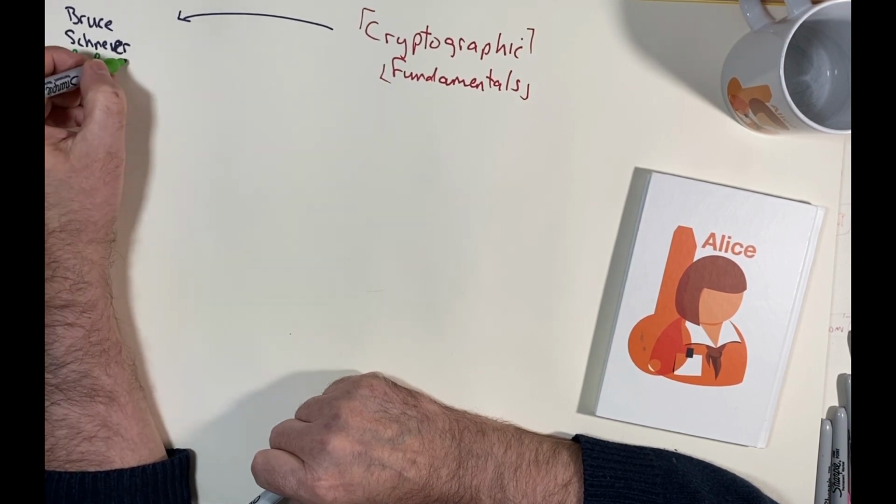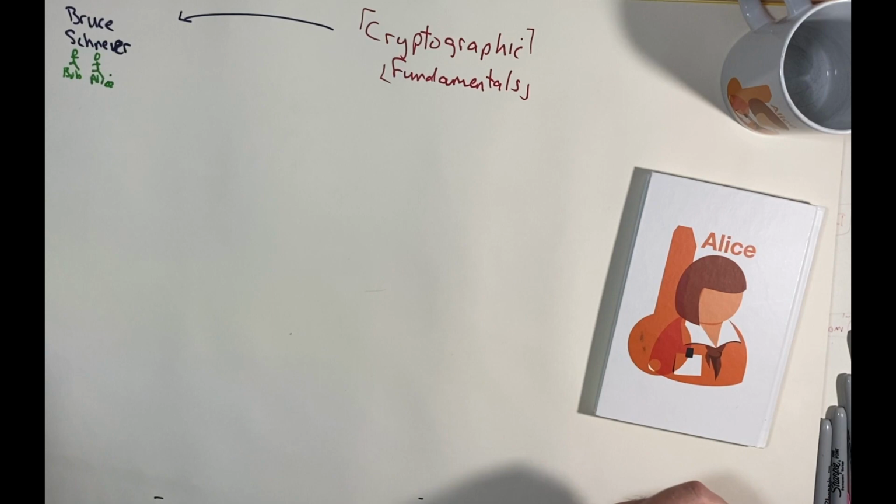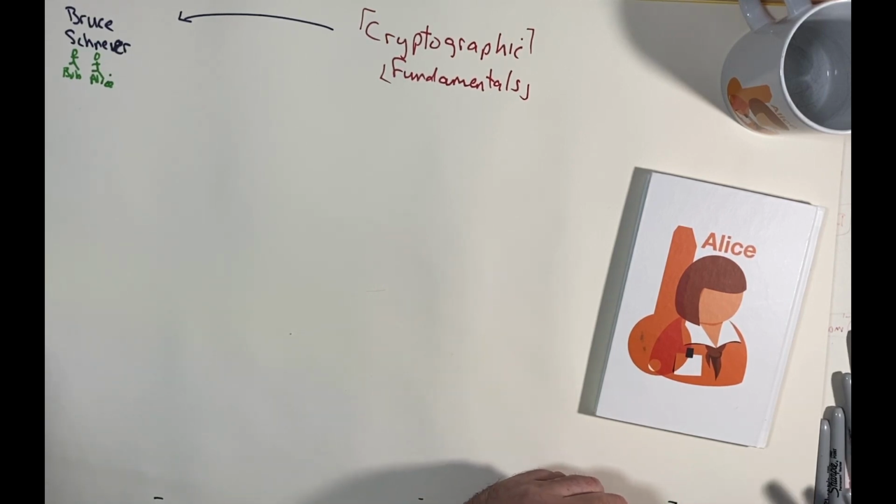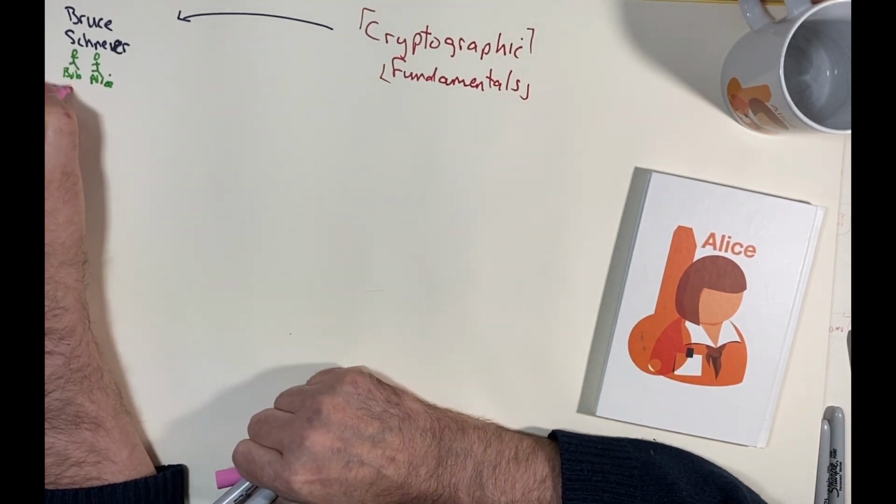And our adversaries, of course, we have Eve and Mallory.